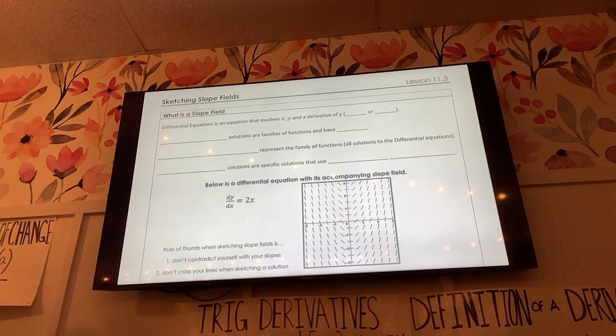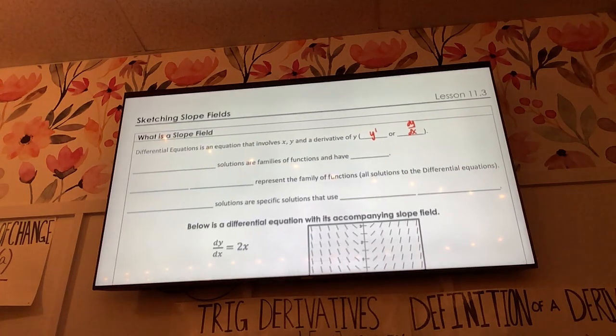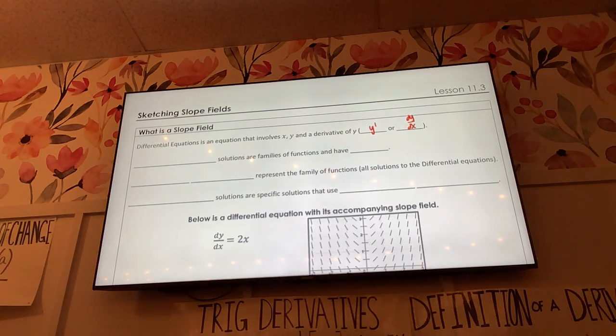Differential equations are equations that involve x and y and the derivative, which is represented with y prime or dy/dx, or even like f or f prime or anything like that. And so what we did is we integrated our derivative to go back and get the general solution.